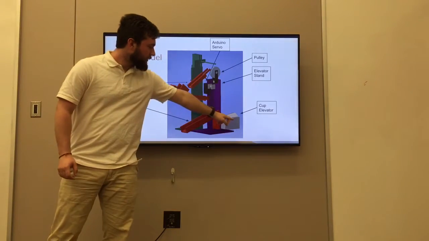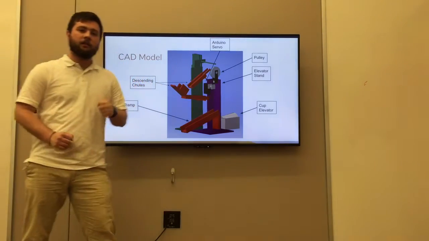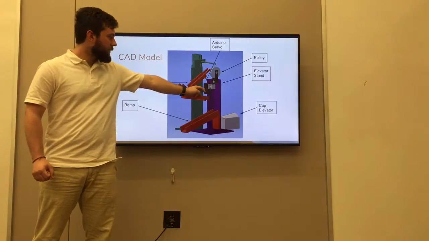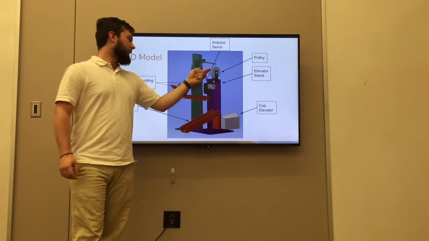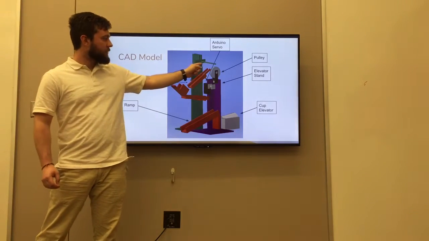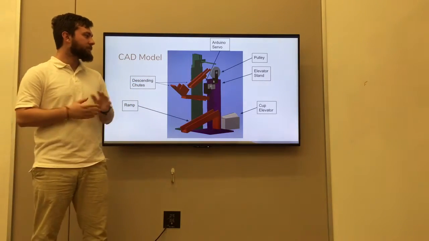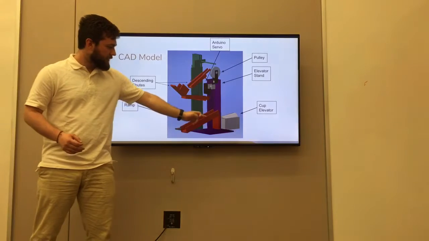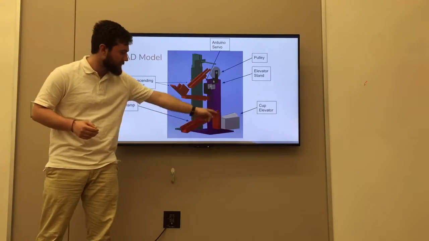We have the cup elevator here, so the entrance ramp with the ping pong ball would be over here, and the cup receives the ping pong ball, where the Arduino in black here will power the pulley that pulls up the elevator, and the cup will get caught on this peg. That's just to catch the cup so it doesn't fall and interfere with the ball on the way out. This ramp here is the part that is interchangeable between different sizes of this base here.